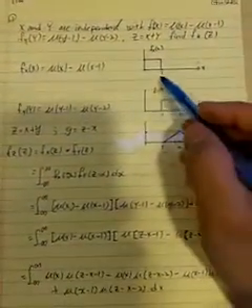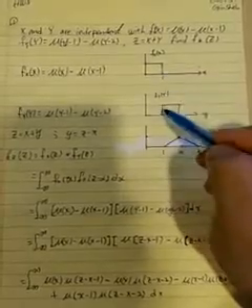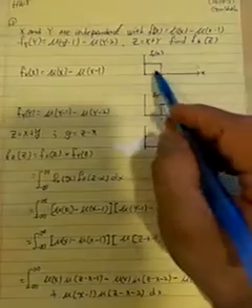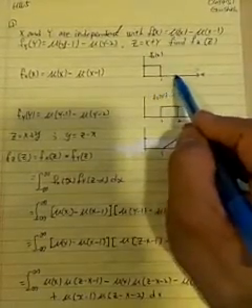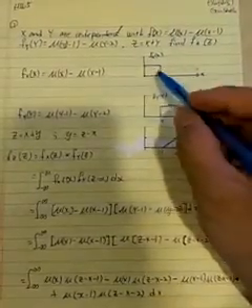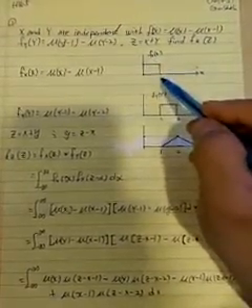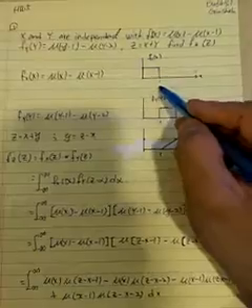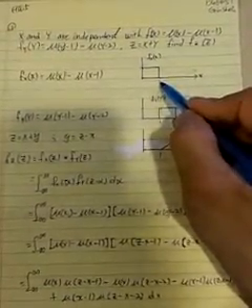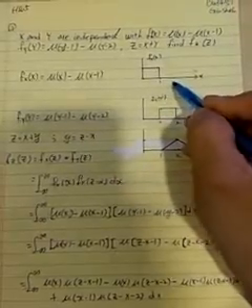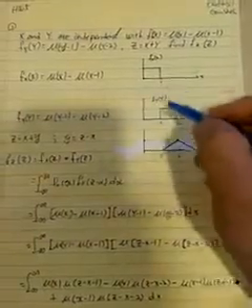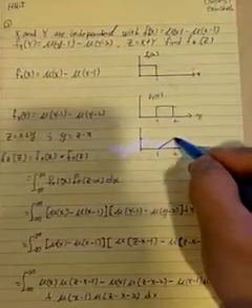At first they just touch at 0, and then f of x starts rolling this way. When f of x is at the position between 1 and 2, it reaches the highest point, which is equal to 1.